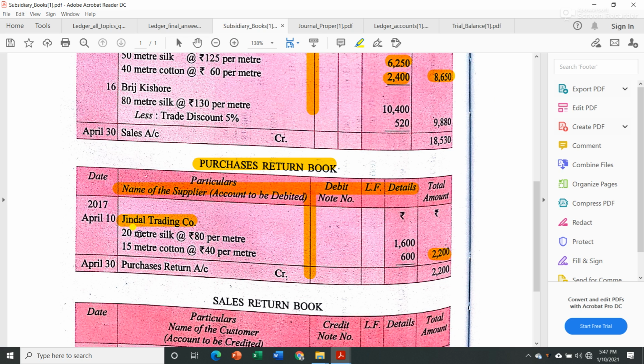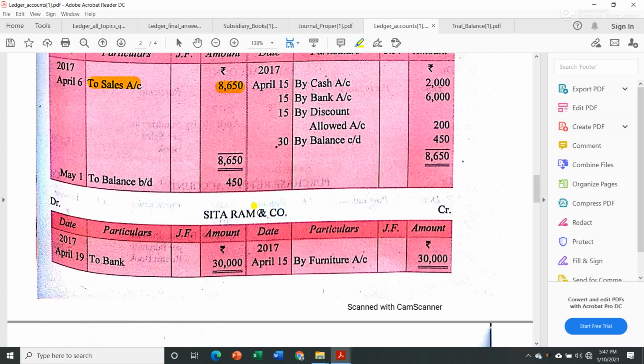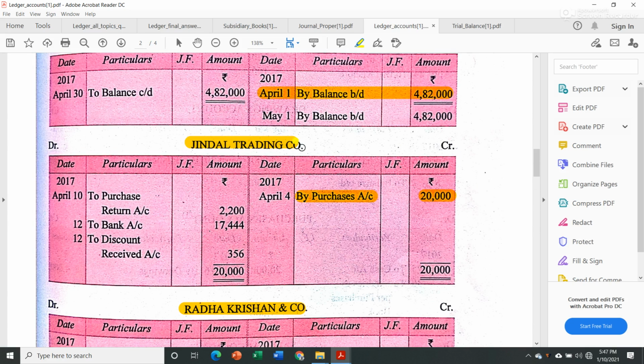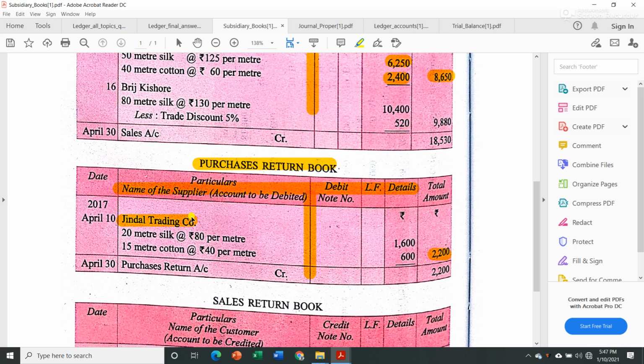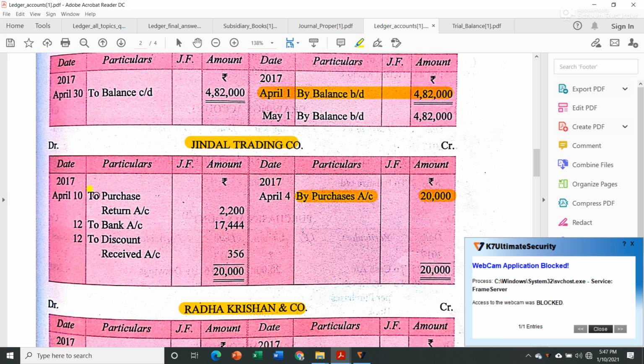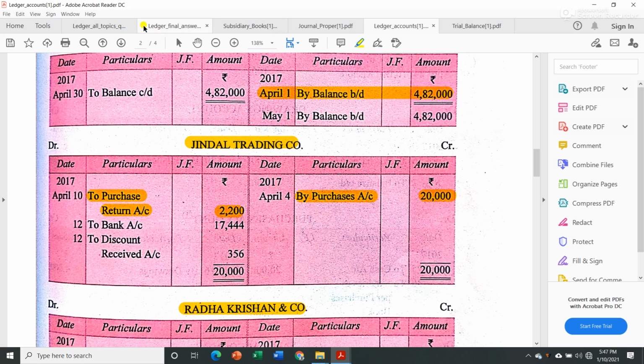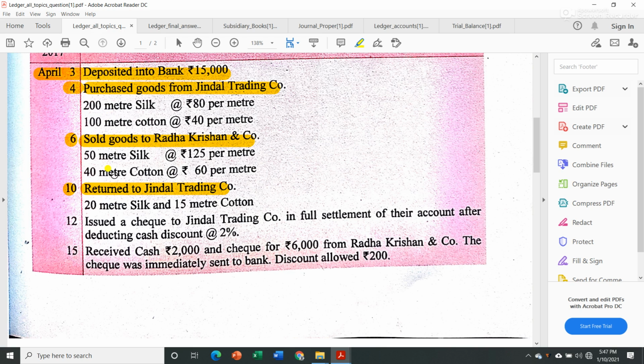And for Jindal Trading and Company, since his name is appearing on the debit side of purchase return book, in ledger accounts also we have to write on the debit side, to purchase return account rupees 2,200. Now let us see the next transaction.